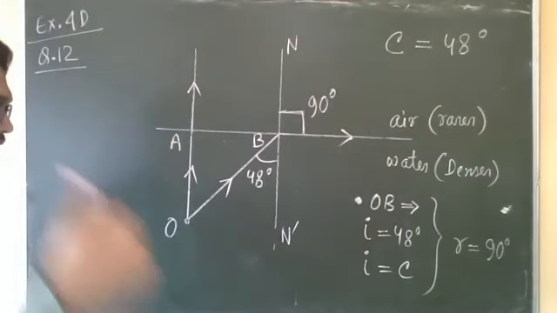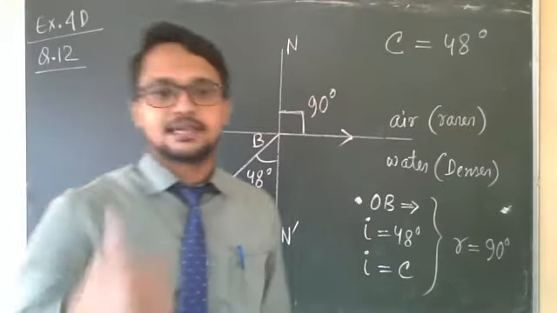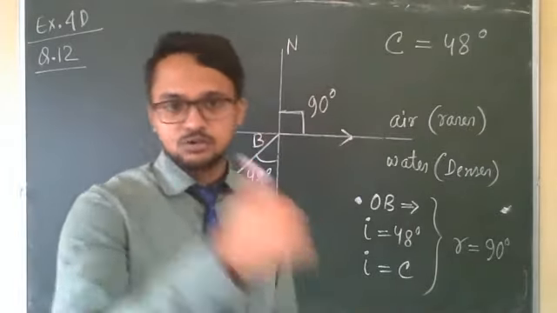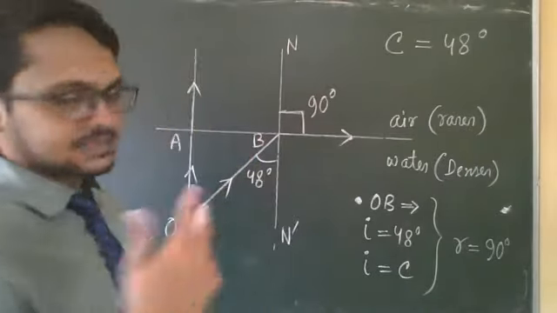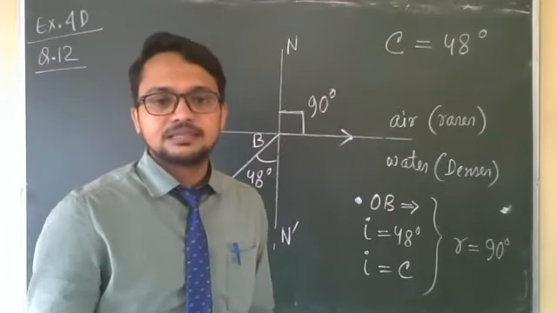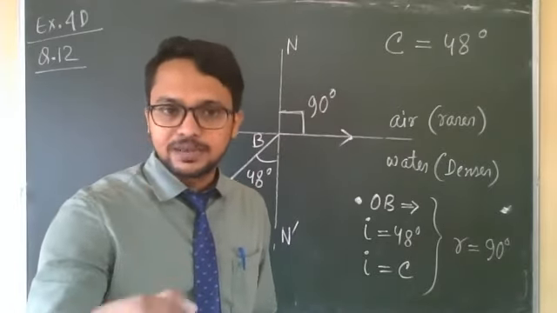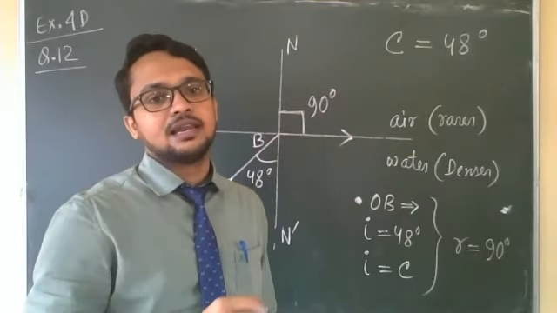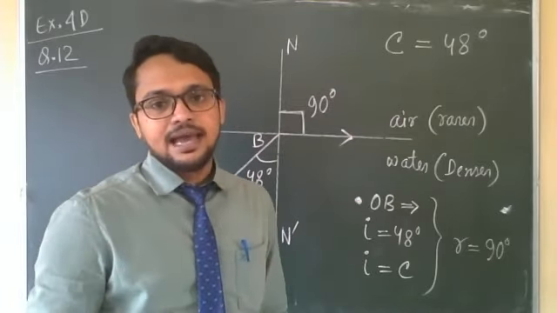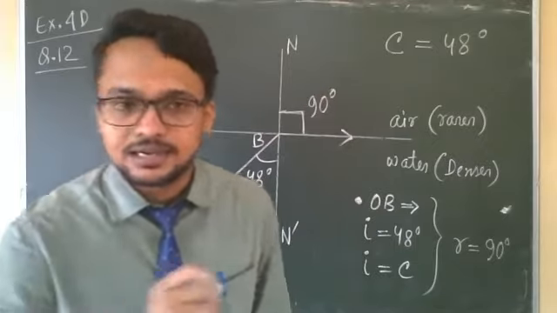Again, the first point: the ray should go from denser to rarer medium. The second point is the angle of incidence in the denser medium should be greater than the critical angle of the two media and for that particular color.